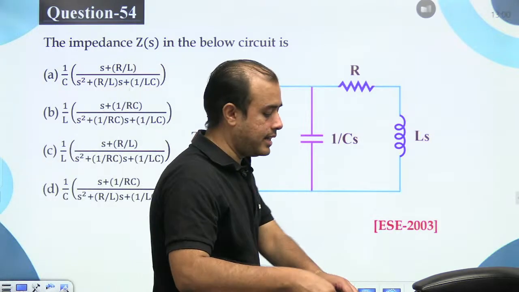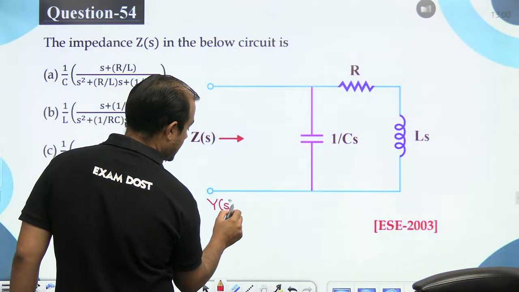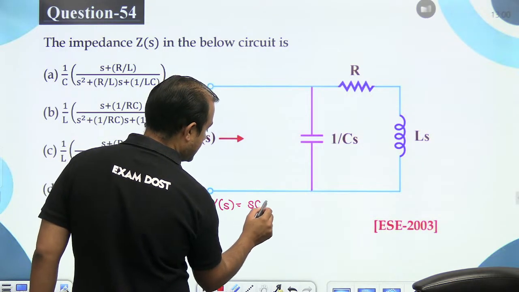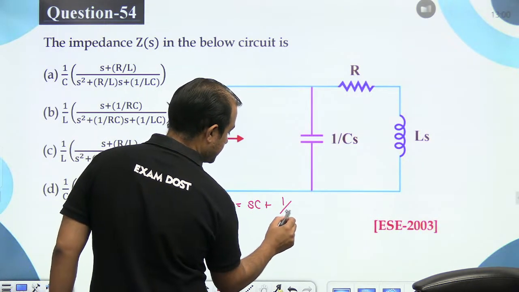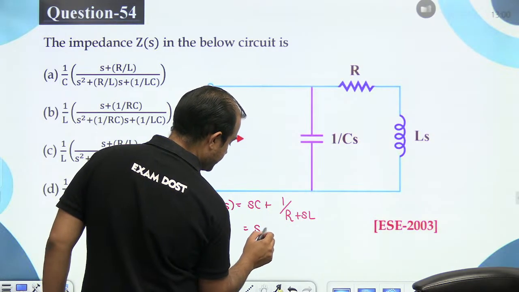This is a parallel network, so it is better to find the admittance. The admittance will be SC plus 1 upon impedance.